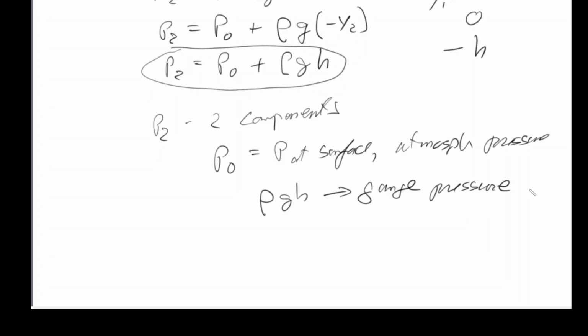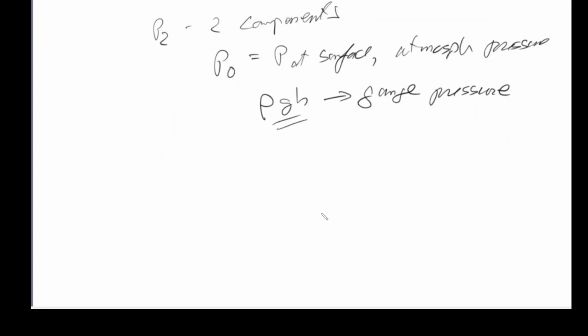In other words, when a diver goes into the water and looks at his pressure gauge, this is what he's measuring. But the total pressure on him is P0 plus rho g h, which is P2. And P2 is also called the absolute pressure.